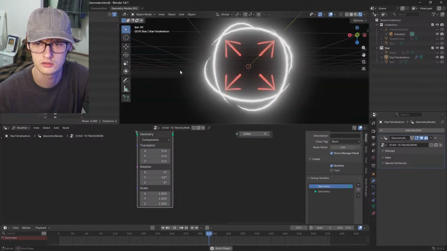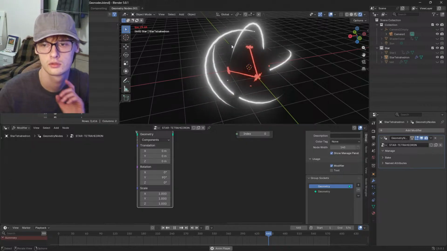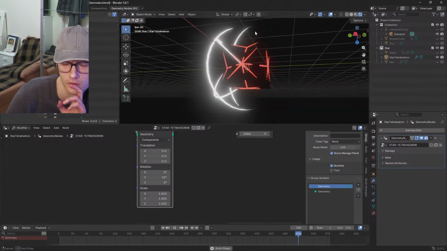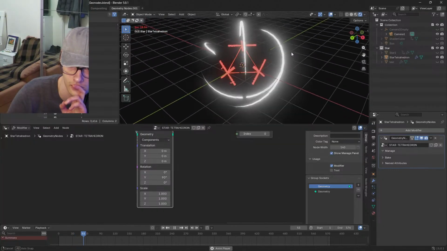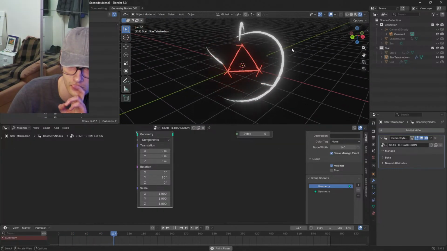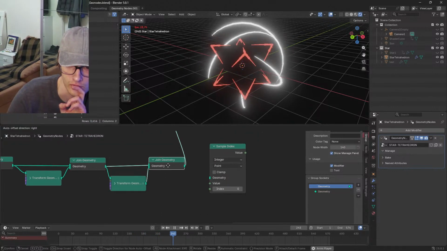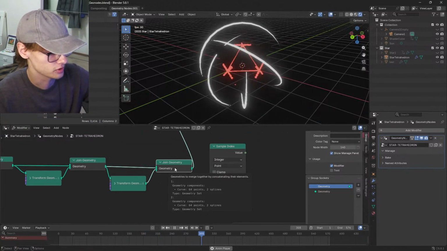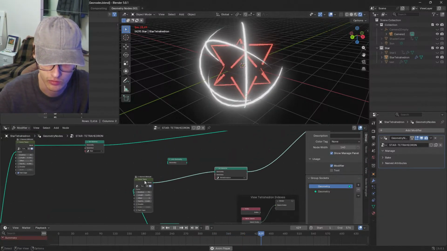I don't think there's even a difference. Alright, I'm gonna try another transform geometry, join geometry sequence, and maybe we will get something even more interesting.